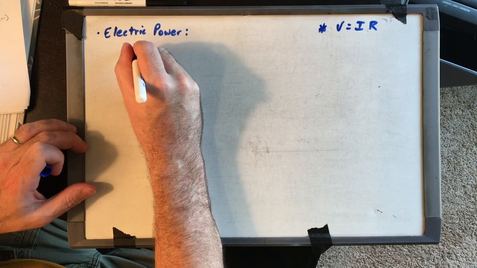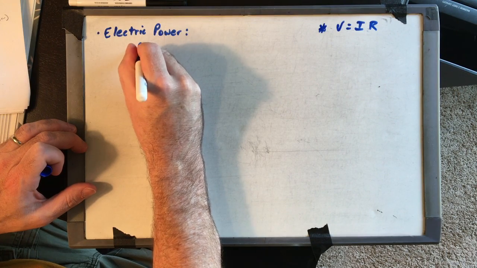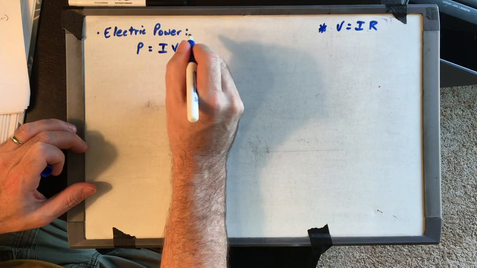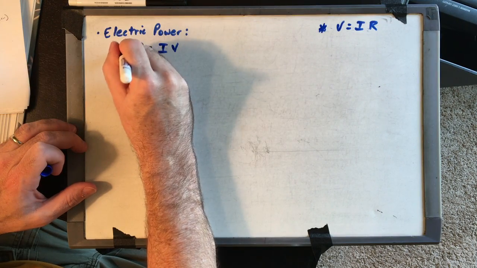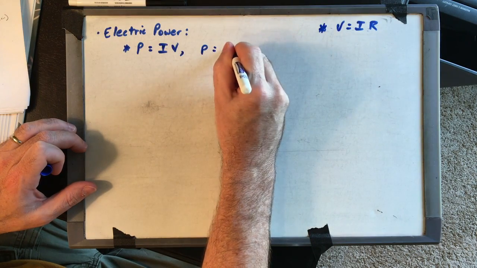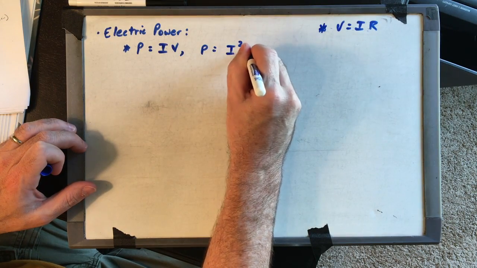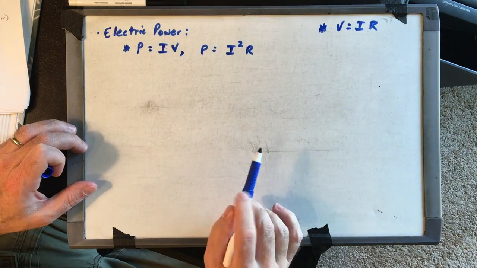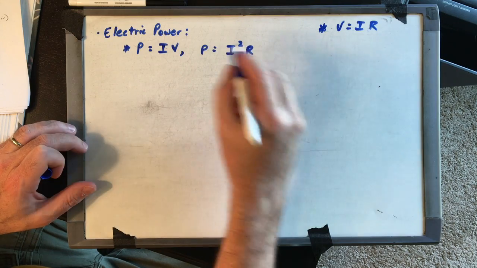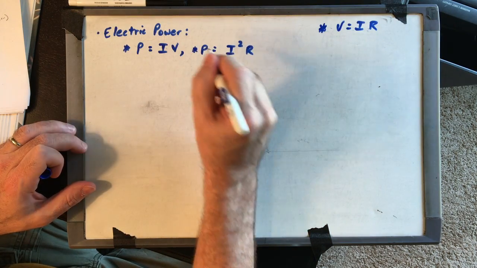They're derived from each other, but you need to memorize all 3. Power is equal to current times voltage, so that's one of them. Power is equal to current squared times resistance. All of this is just rewriting V equals IR. So you need to know that one.